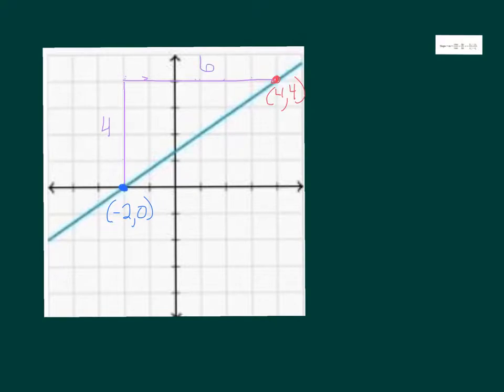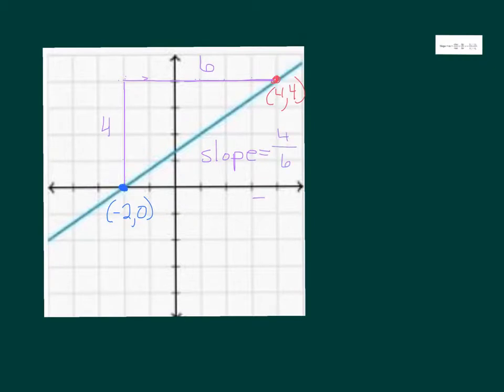So the ratio of the upward movement compared to the horizontal movement, or the over movement, is what gives us our slope. In this case, the slope equals 4 over 6.